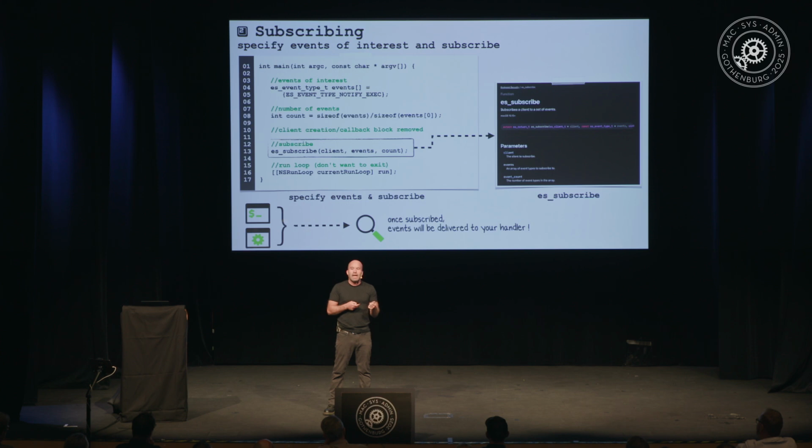So when you pass, for example, an array to a C API, you have to tell it how many bytes or members it has, right? It's kind of more low-level than Swift or even Objective-C. And then again, once you're subscribed, anytime these events happen anywhere on the system, Apple and endpoint security will deliver them to your handler block.